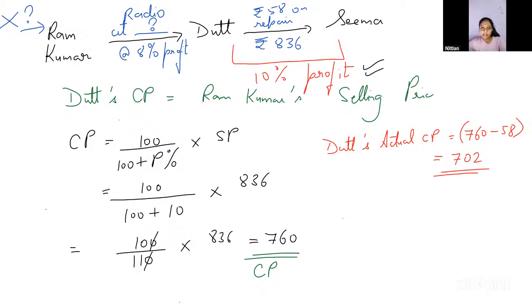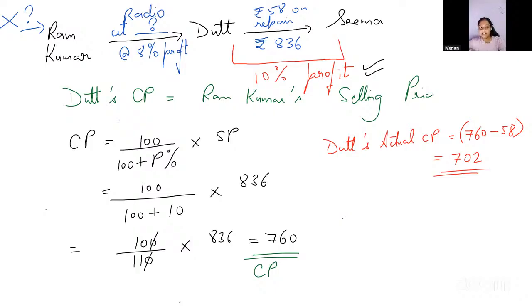You will calculate 702 multiplied by 100 divided by 108. Why 108?